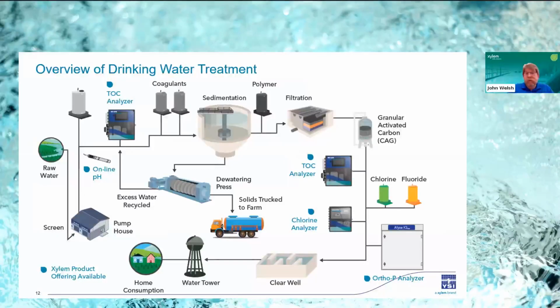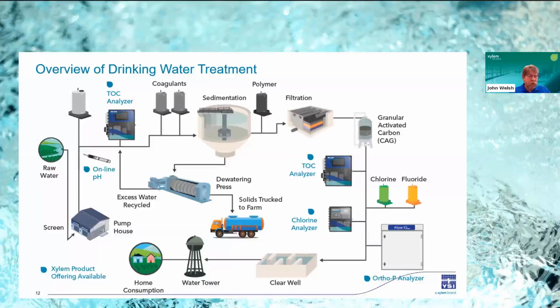This is a generic version of a water treatment plant and shows the typical placement of an online TOC analyzer. In reality, although we would probably like to do it, it doesn't require two analyzers in most cases, or in probably all cases. The samples are plumbed to the analyzer.